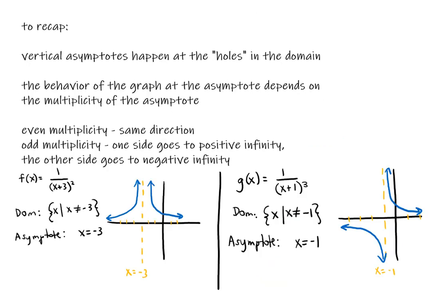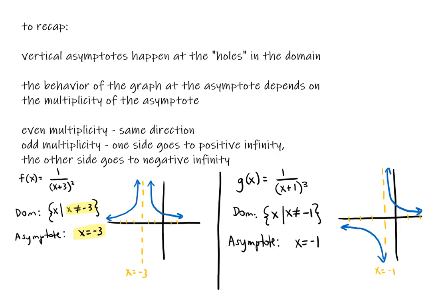To recap, the vertical asymptotes happen at the holes in the domain. So notice the domain will say x is not equal to negative 3, while the asymptote happens at x equals negative 3. And you're going to draw that vertical line at x equals negative 3, and then the behavior of the graph at the asymptote depends on the multiplicity. So if it's even multiplicity, they're both going to go in the same direction, like maybe both of them going to positive infinity.